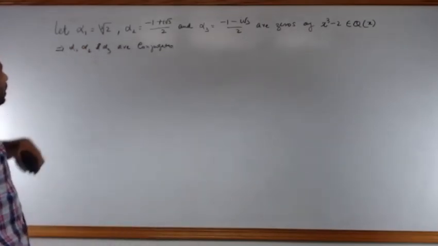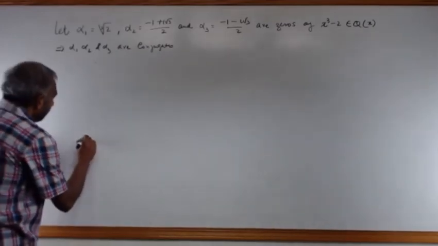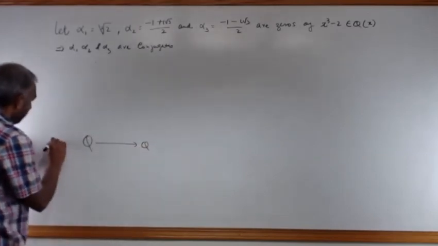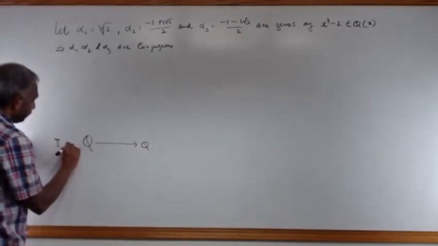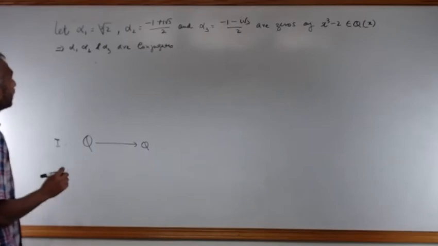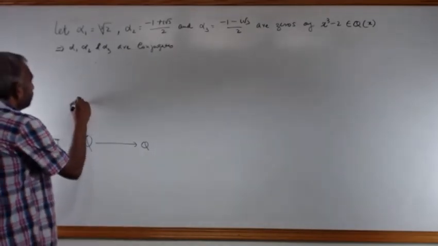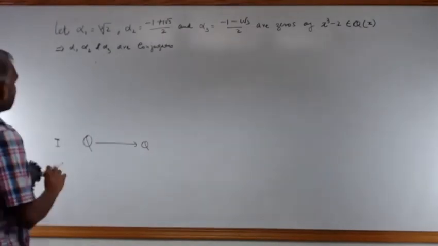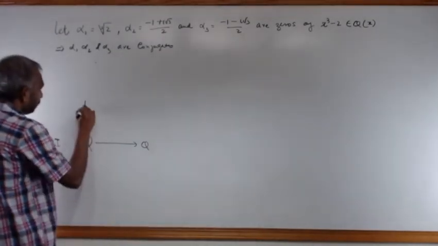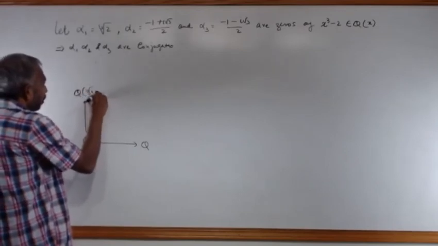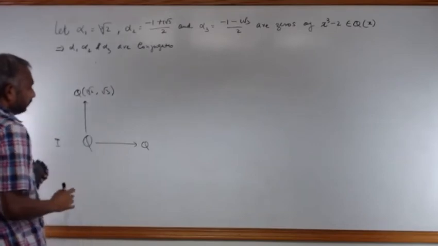Now our objective is, we'll take the identity map from Q to Q. We want to extend this to Q of cube root of 2 comma root 3.